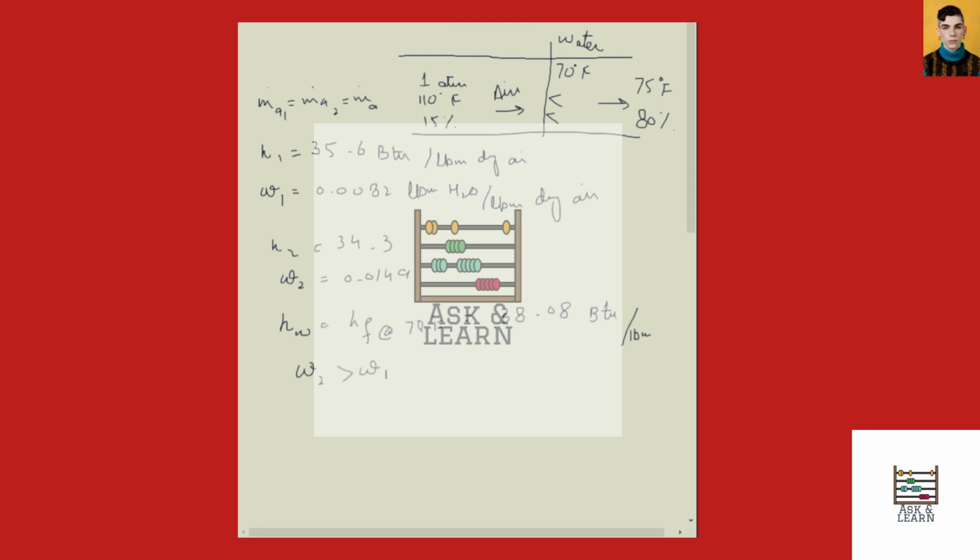Applying the water mass balance and the energy balance equation to the combined cooling and humidification section, the water mass balance would be: summation of mass flow rate of water at inlet is equal to summation of mass flow rate of water at exit, which would be equal to m dot a1 ω1 plus m dot w.